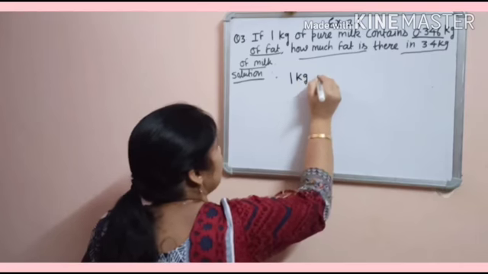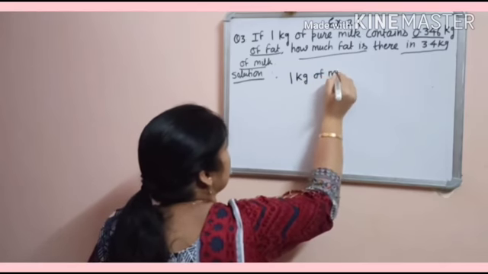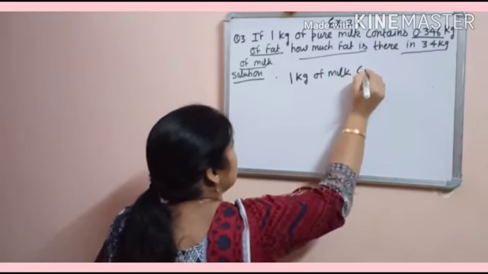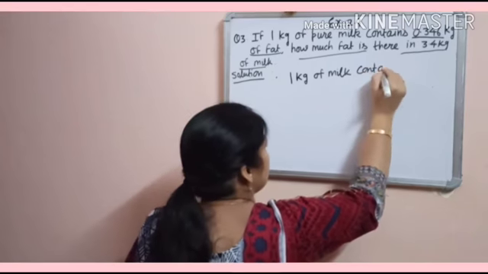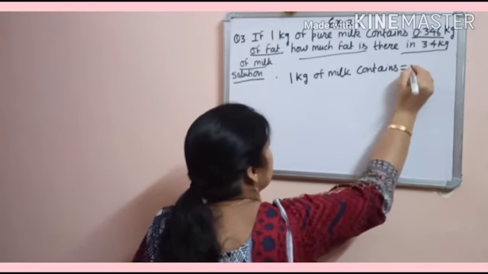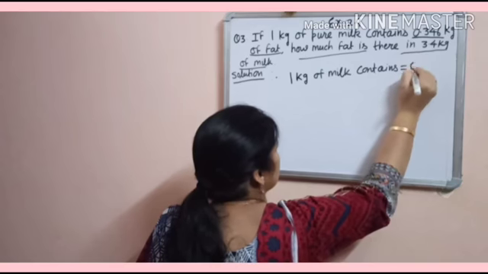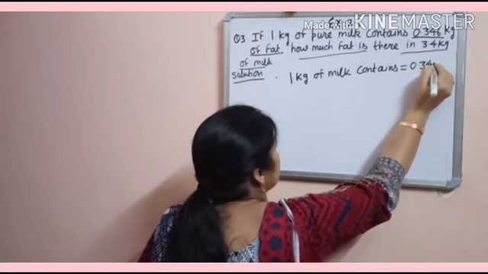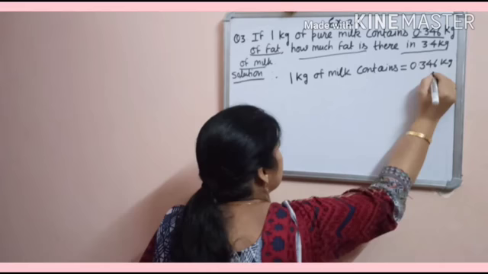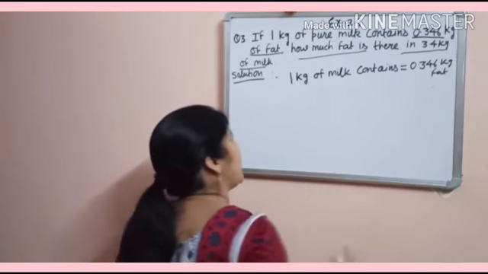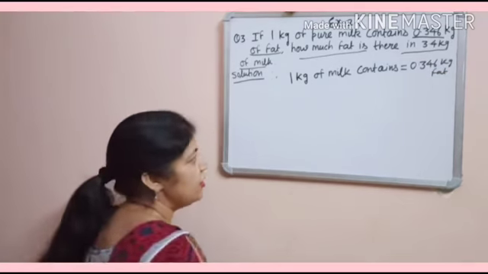So 1 kilogram of milk contains 0.346 kilogram fat. Clear?